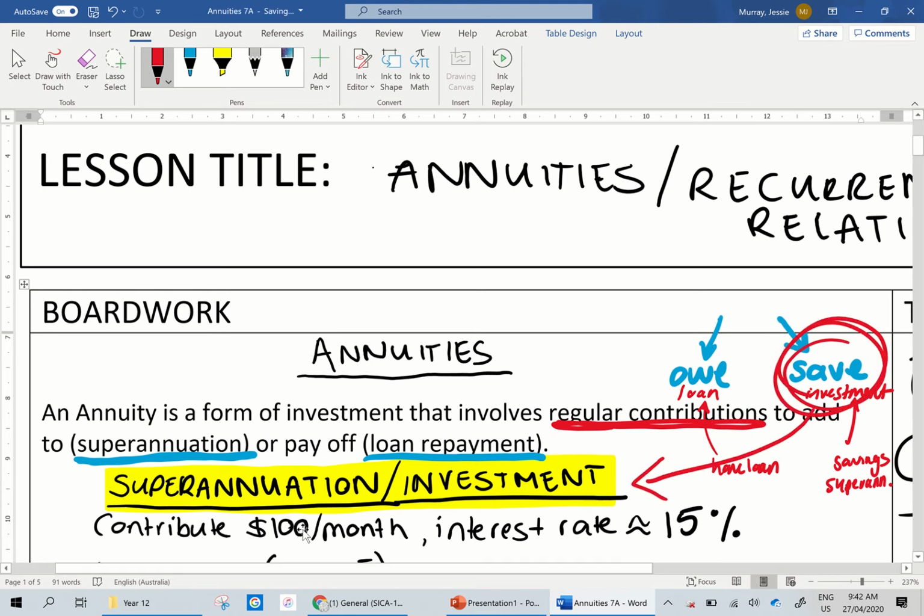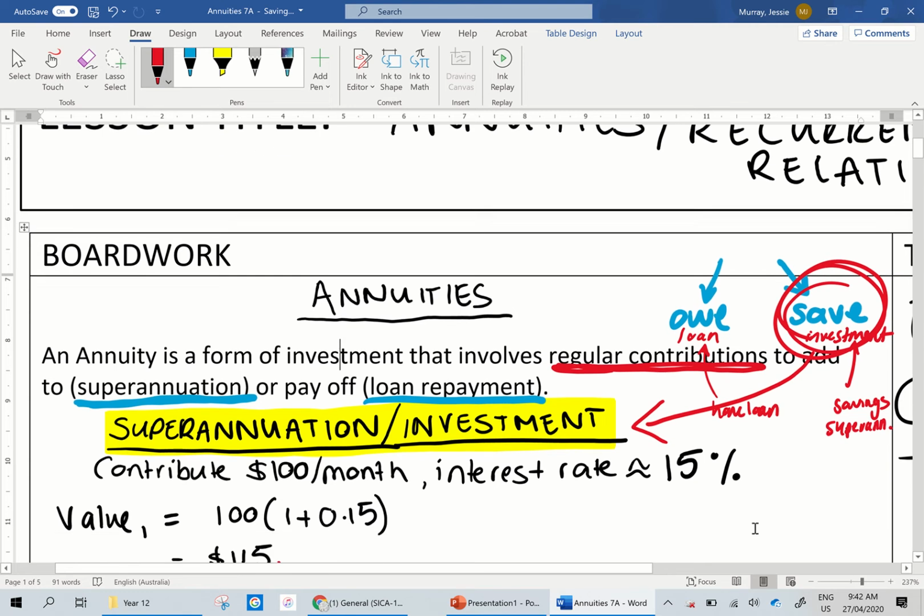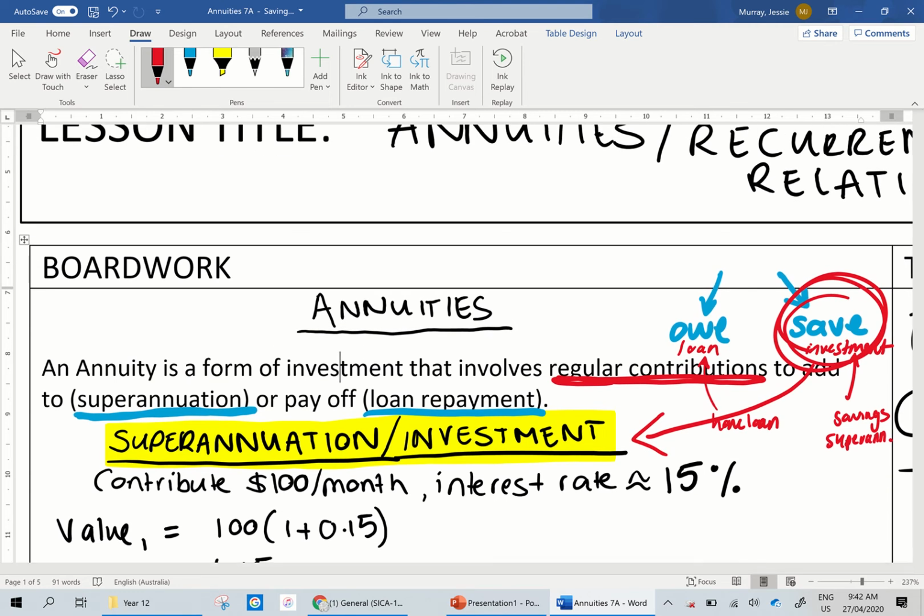Let's say that you contribute $100 a month into an account as your savings, or you could think of it as your superannuation. And they said, okay, the interest rate is 15%, which is about what superannuation accounts make in interest. So let's look at the first thing. The value 1 I'm calling the value after the first month, because these contributions are made per month. So I'm going to have the $100 that I contributed, and then it's going to be charged your 15%. It's very similar to that compound interest formula.